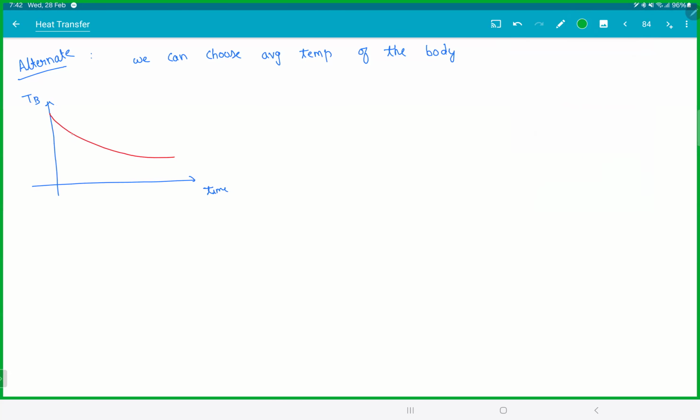So if you take a very small temperature difference, you can assume this is almost a linear line. We assume the function is linear for small temperature change, which is kind of valid. You get an error in the second decimal.